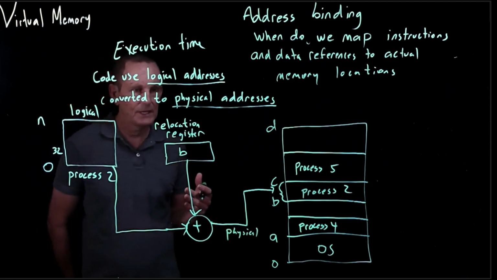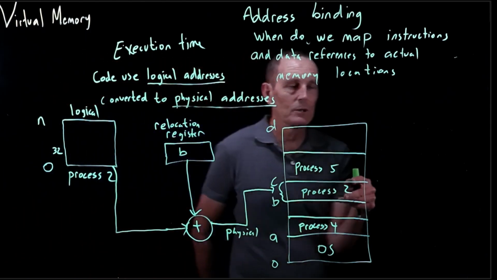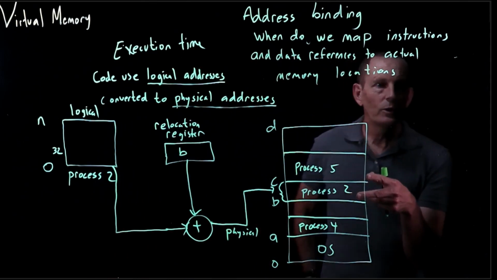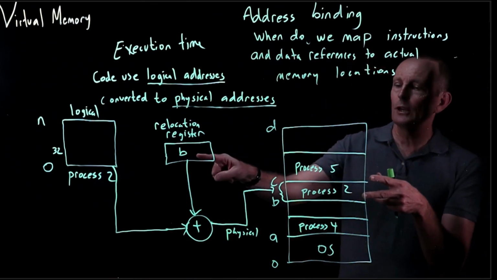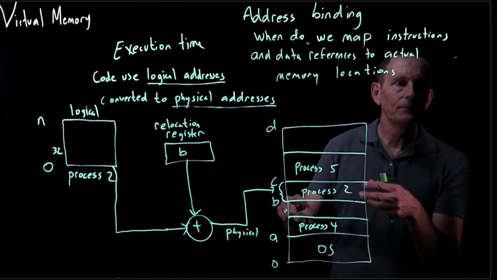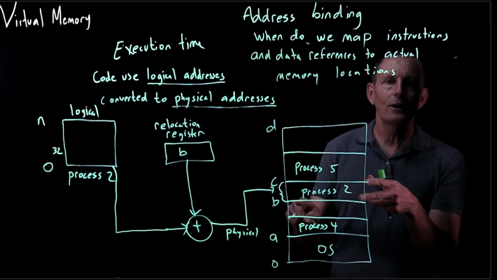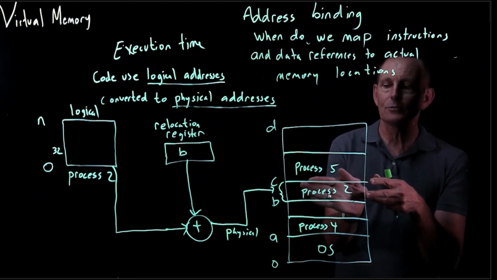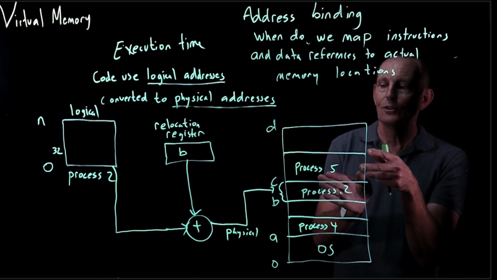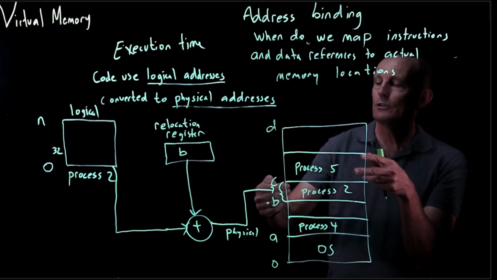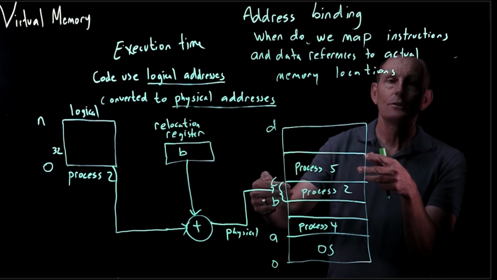What that means is if we're running process 2, we want the relocation register to be B. However, if we now go ahead and context switch into process 5, we just need to adjust the relocation register from B to C.